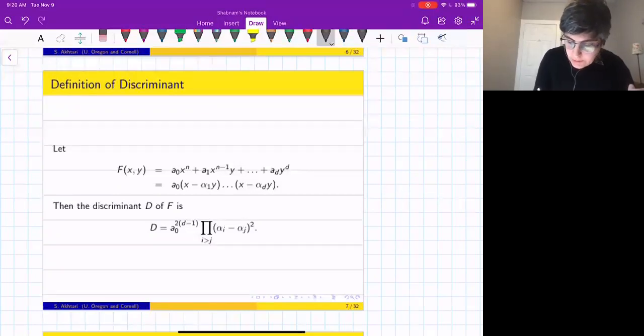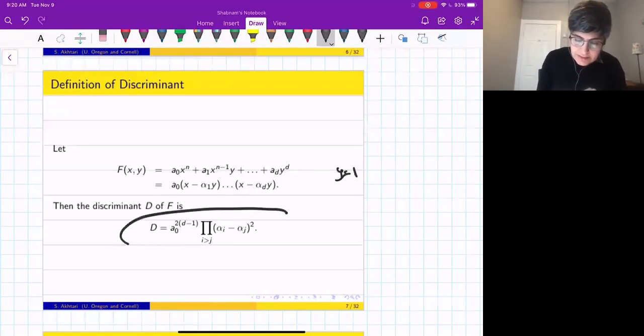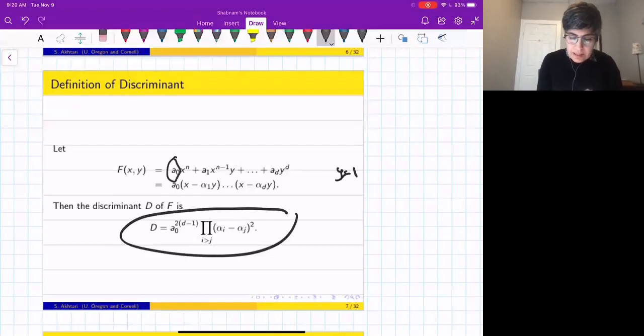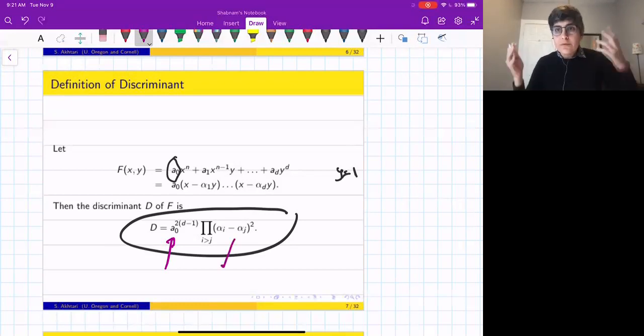If you want a polynomial, just put y equal to 1 here, and then basically you get the discriminant to be the leading coefficient to the power 2d minus 1. D here is the degree of your polynomial or binary form. And then the rest is really coming from the difference between two roots. For every two roots, you take their difference, and here I just have i greater than j, so that I count alpha i minus alpha j once, and not another time alpha j minus alpha i. So this is the discriminant in general.